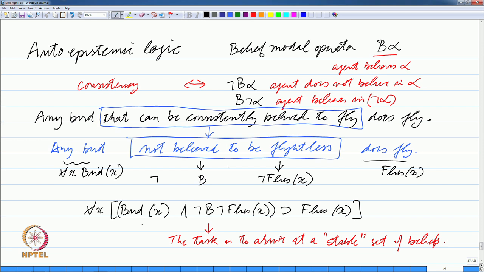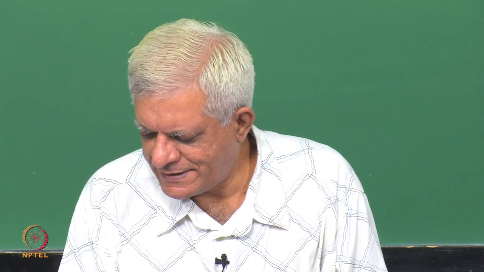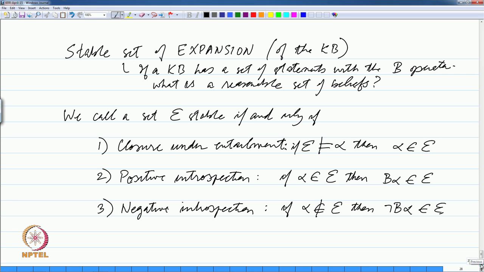And you can see that negative introspection will come into play here to establish this consistent belief, that if you cannot show that, for example, Tweety cannot fly, then you can add that you do not believe that Tweety cannot fly essentially. And if you can then add that sentence, then you can use this formula here to conclude that Tweety can fly essentially. So, that is a basic idea, except that now we have posed everything into this thing essentially.